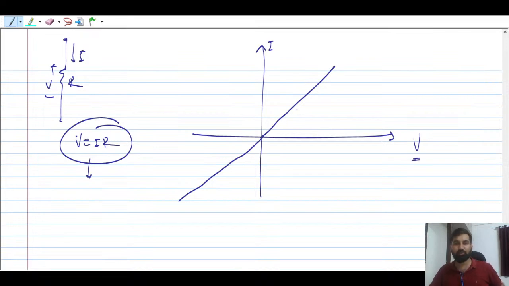And I is this. So what is this slope, guys? Is it resistance? Anybody? I upon V is not a resistance, guys. This is a slope, but we are going to say that it is the conductance, 1 by R. I versus V will always offer the conductance. It will not offer the resistance, guys. This is very, very important to keep in mind.